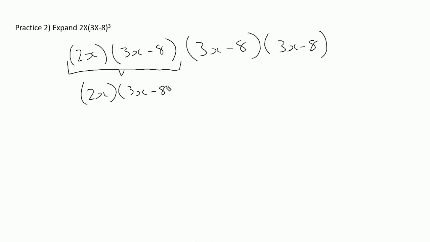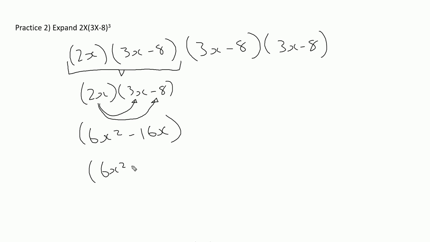and then I do that term multiplied by that term, which gives me 6x squared minus 16x. And then I can replace these 2 brackets here now with the answer that I just got. So this is 6x squared minus 16x multiplied by 3x minus 8 multiplied by 3x minus 8.